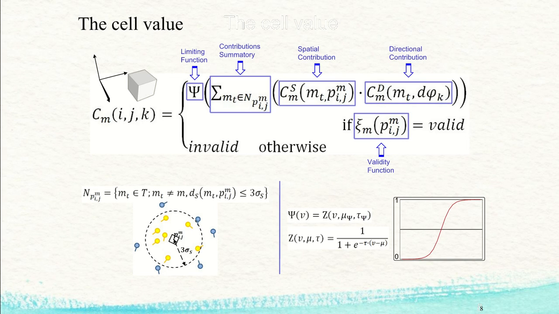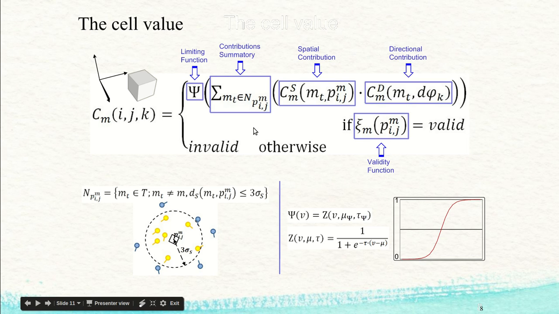Now cm of ijk is the coordinate of that particular cell center. The limiting function is just like a sigmoid function that returns a value between 0 and 1, as you can see on this slide. It says that we need to sum over n number of points. So what is the number of points?